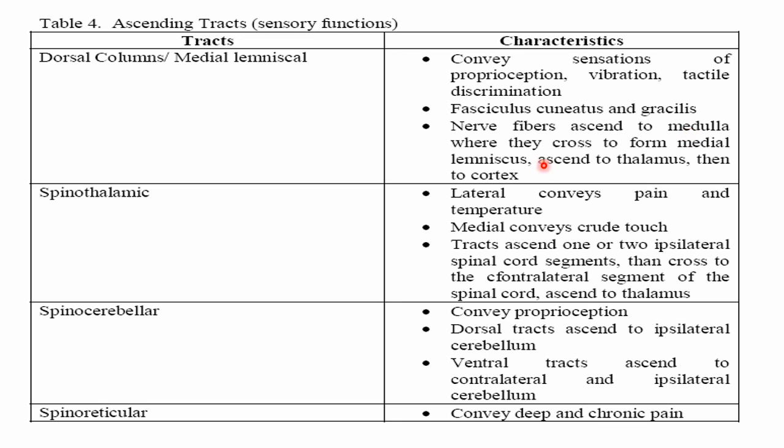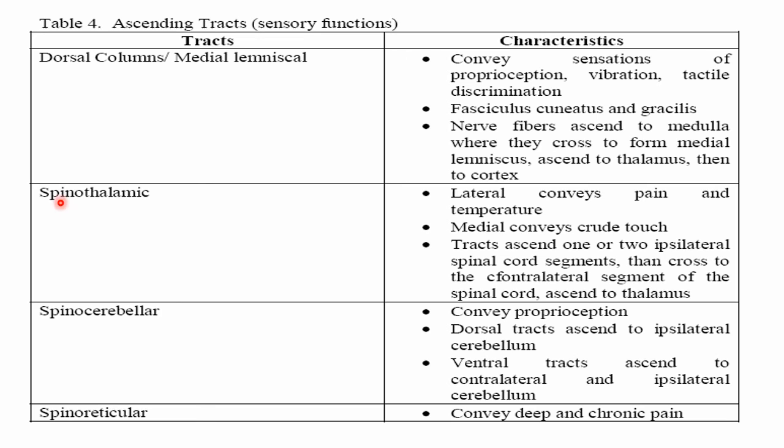After the relay, they cross to form the medial lemniscus and ascend up to the thalamus. After the second relay, it goes upward to the sensory cortex. So its function is proprioception, vibration, tactile discrimination, fine touch, and so on.